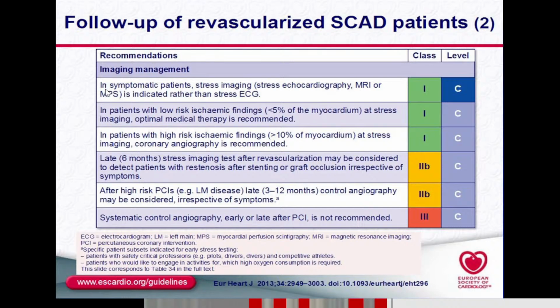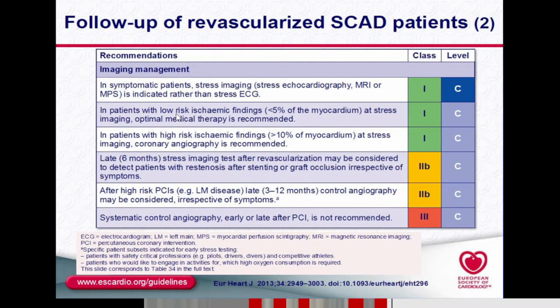Then, imaging management. In symptomatic patients, stress imaging like stress echo, MRI, or some other procedures is indicated rather than stress ECG. But sure, it depends on the medical facilities which are available or maybe not available.